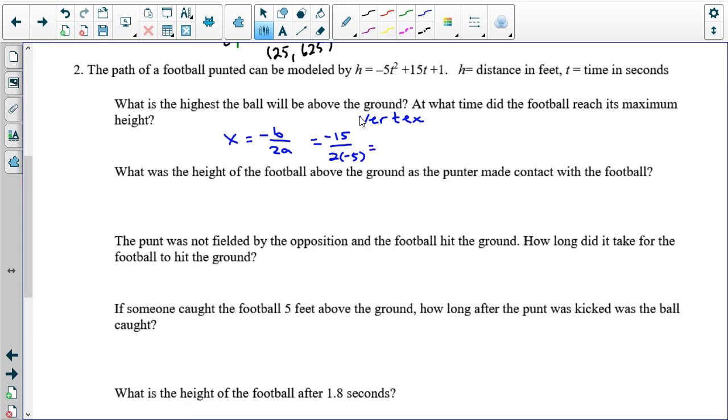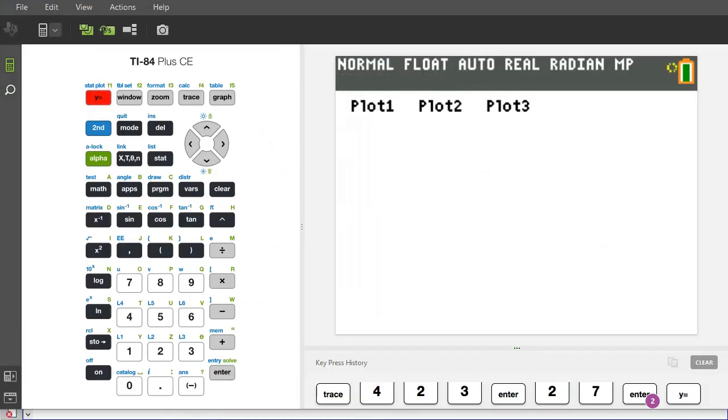So that is 15 over 10, which is 1.5. Sorry, I probably shouldn't use x here since this was given in terms of t and h. So the time is 1.5, and then I can substitute that value back in to get the maximum height, and I'm going to do that on the calculator.